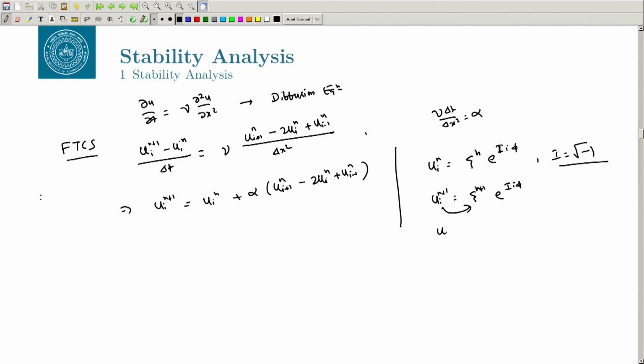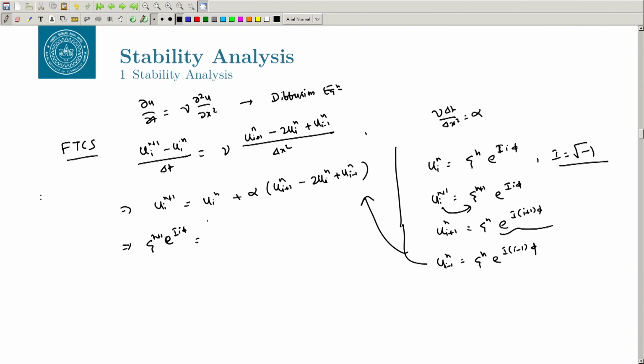On the other hand, if you go somewhere else in space, it becomes g^n e^(I (i+1) phi), so it only changes the exponential part, the wave representation. Similarly, u_(i-1)^n becomes g^n e^(I (i-1) phi). Put all of this into the equation. This will become g^(n+1) e^(I i phi) on the left, and g^n e^(I i phi) plus alpha on the right.